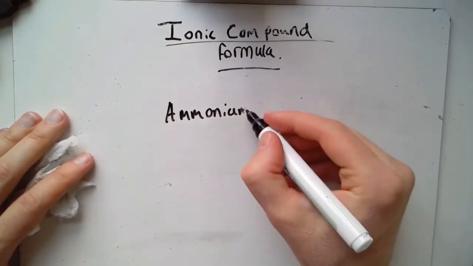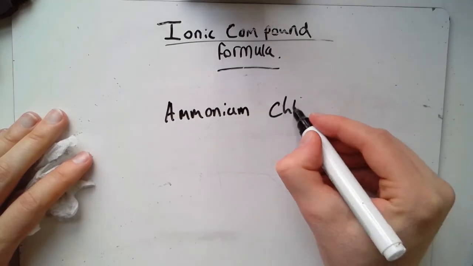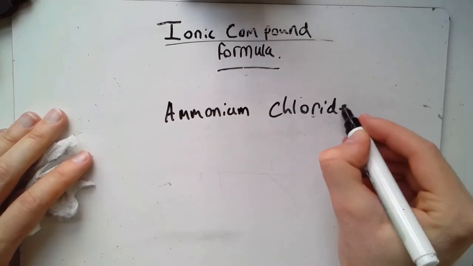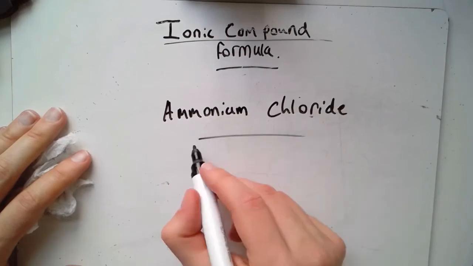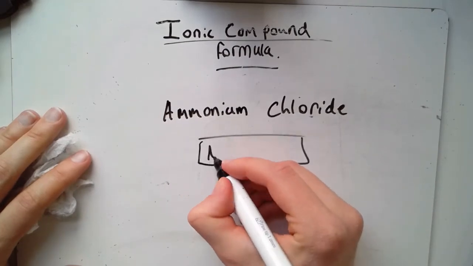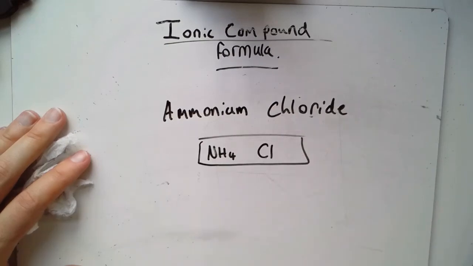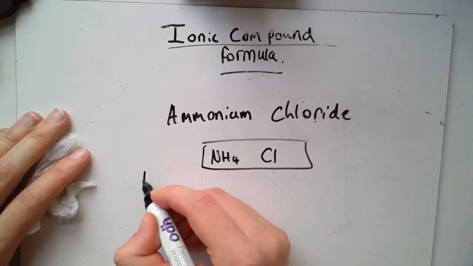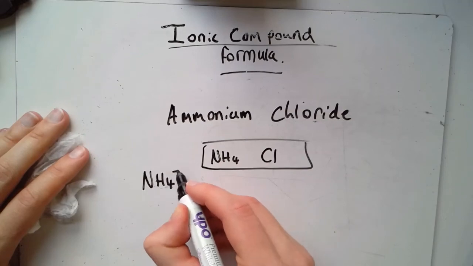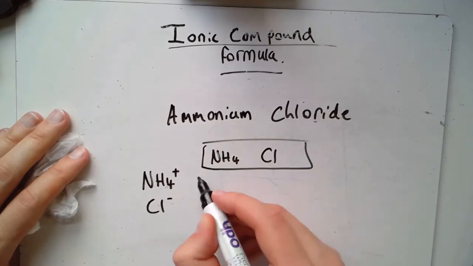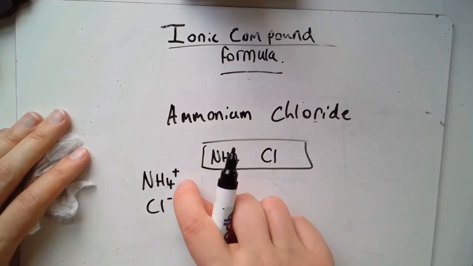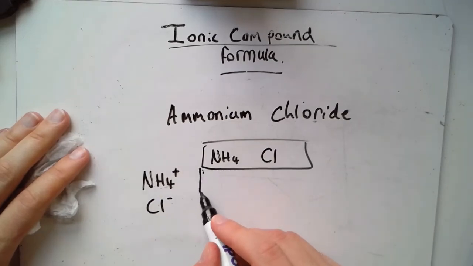No, I'm going to do ammonium chloride. So the formula for an ammonium ion is NH4, a chloride ion is Cl. Now I'm going to write NH4+ here, Cl- here. I found that one from the periodic table. This one I have to just memorize.